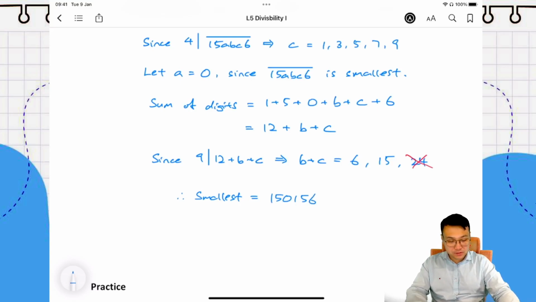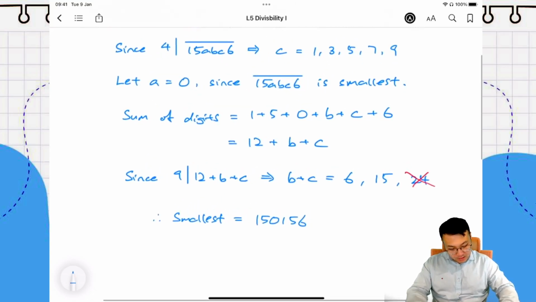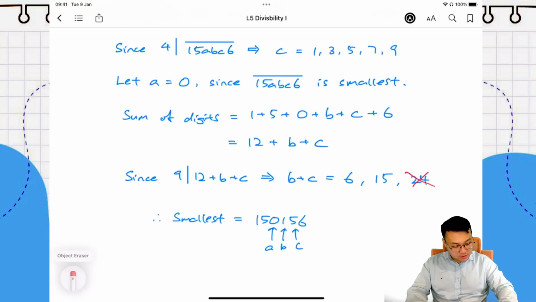Good job. So students, you see, you have 150. Remember, we let A be 0. Then 156. This is B. This is C. We make sure that B is as small as possible. I have another question for you then, Koji. If you want B to be as small as possible, why not let B be 0?